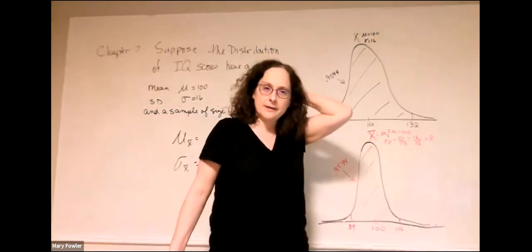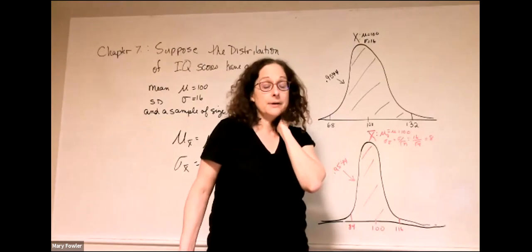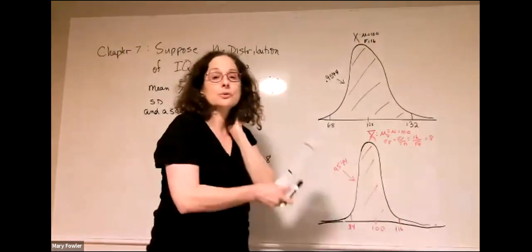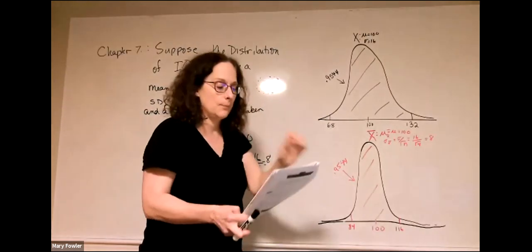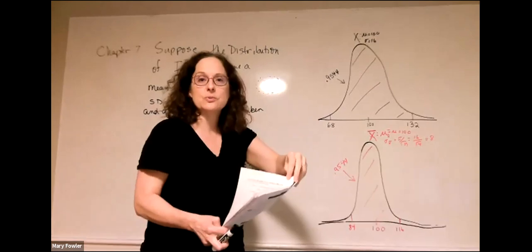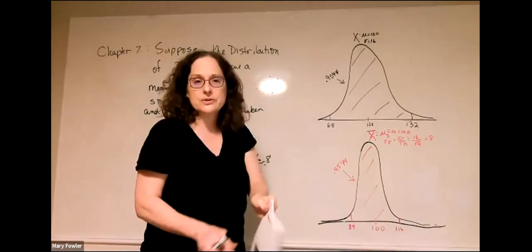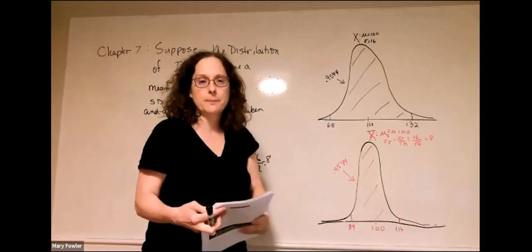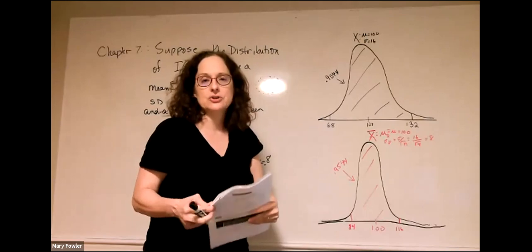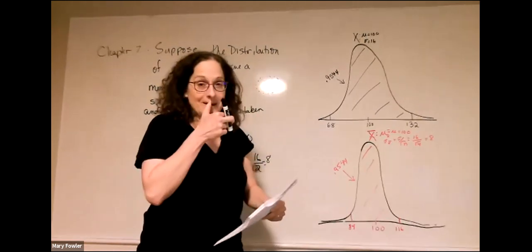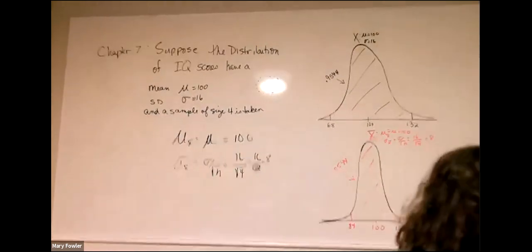We saw that in the simulation in the previous video, but I want to go into a little more detail, just showing you how the shape of the parent population influences the shape of the distribution of the sample mean. So I'm going to come on over here to the notes again.